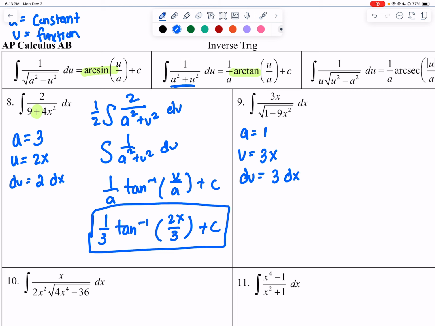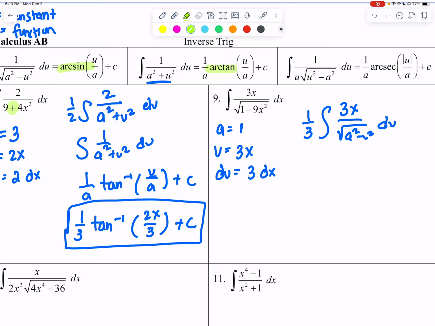If I were to use u-sub, I have a problem, because I'm going to have 1 over 3, 3x, 1 minus, not 1, a squared minus u squared du. The problem is I have an x right here, so I can't use inverse trig.